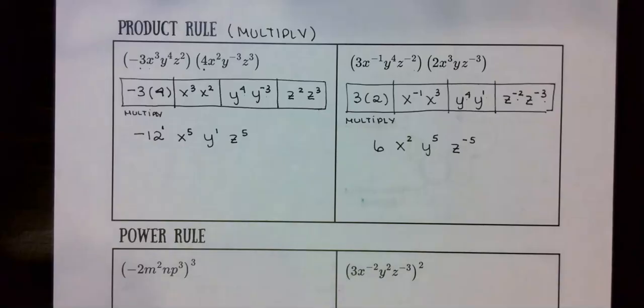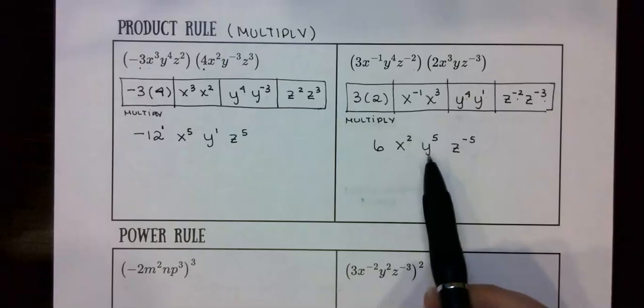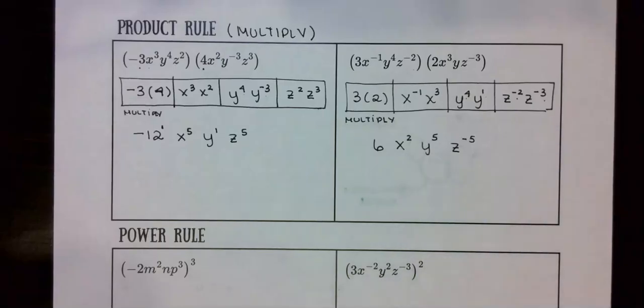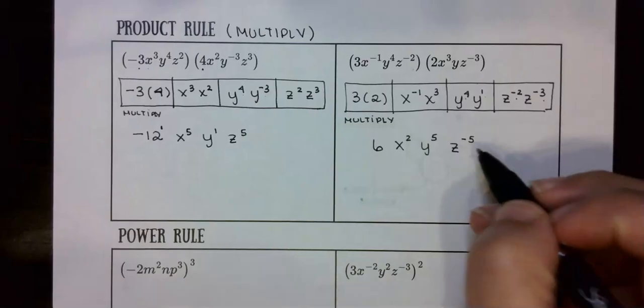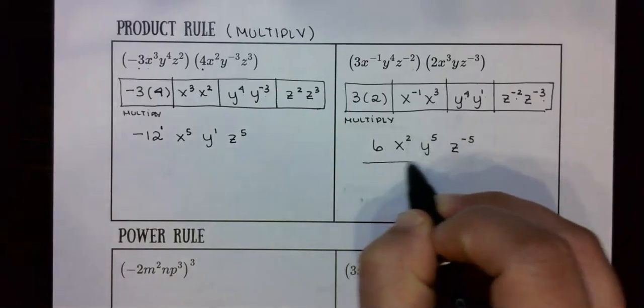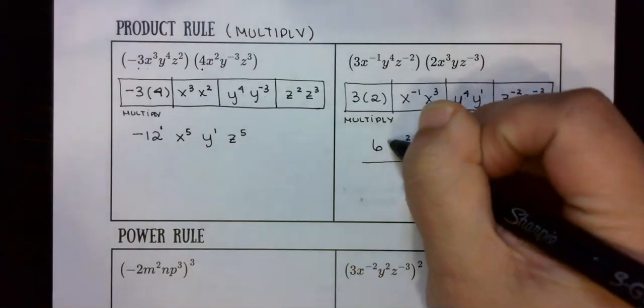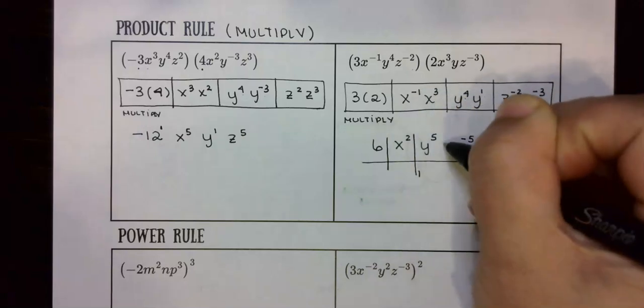Now this is almost our final answer. Number 1, we only have one x, one y, one z because we combined them. Number 2, we don't have any zero exponents, but we do have a negative. So we do have this negative 5. So I'm going to go ahead and put a 1 underneath it, and I'm going to remind you that these are all separate.